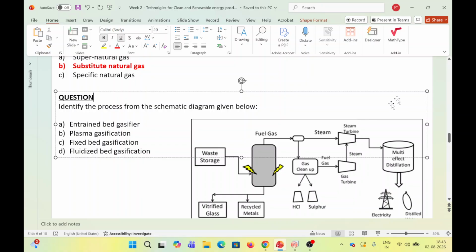So kindly look at this gasifier. You will be able to find out the answer. It has, what do you say, a voltage sign.